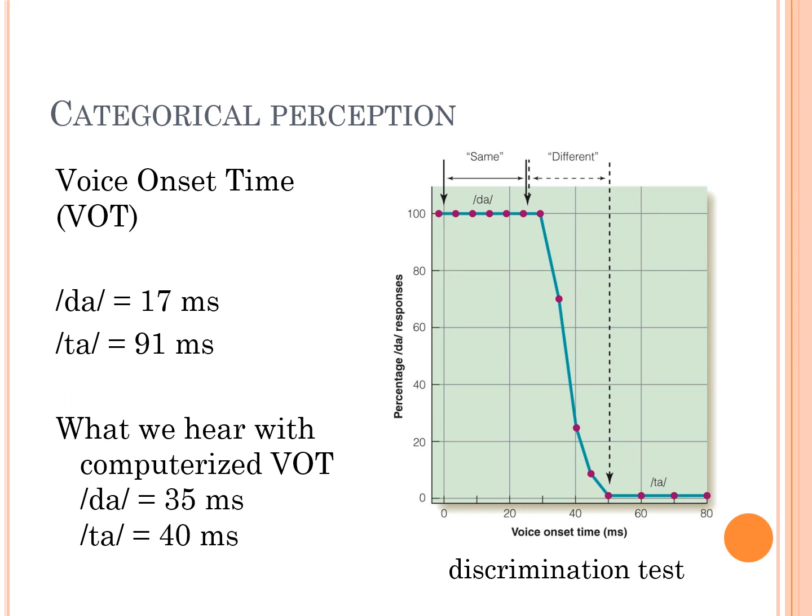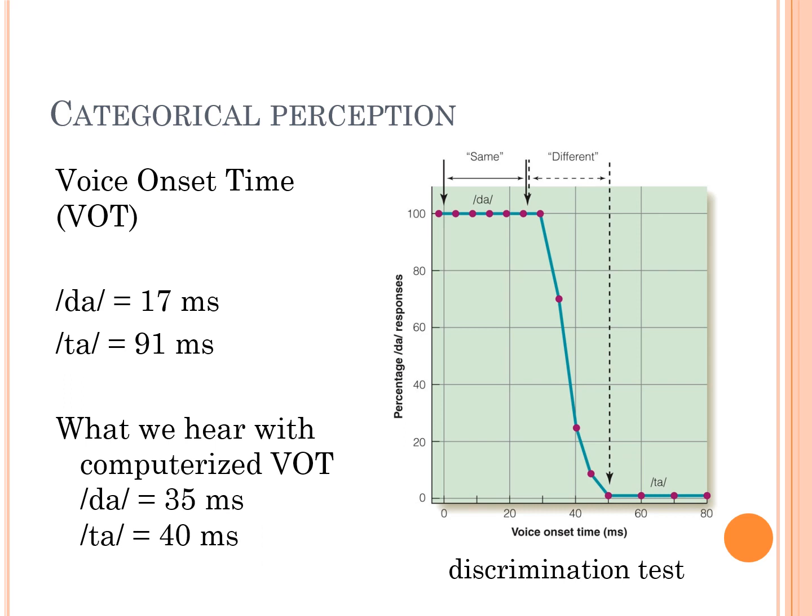If we look at "da," my vocal cords start vibrating at about 17 milliseconds when I'm saying "da." Whereas if I say "ta," my vocal cords start vibrating more at like 91 milliseconds into "ta."